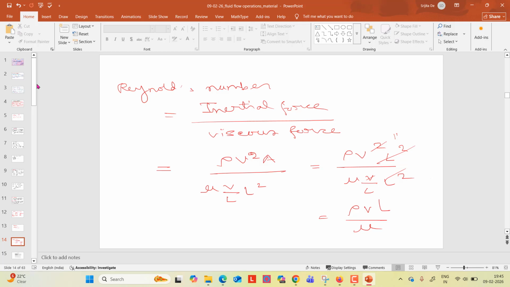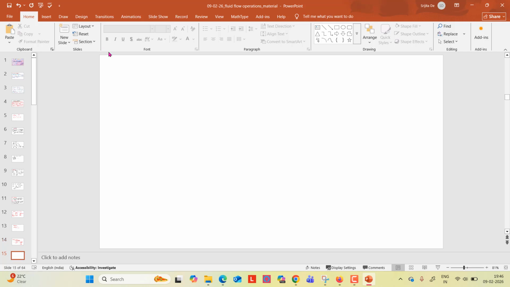So this is the important number, and this number varies from laminar zone to transition zone to turbulent zone. In case of pipe flow, suppose this is your Reynolds number axis.